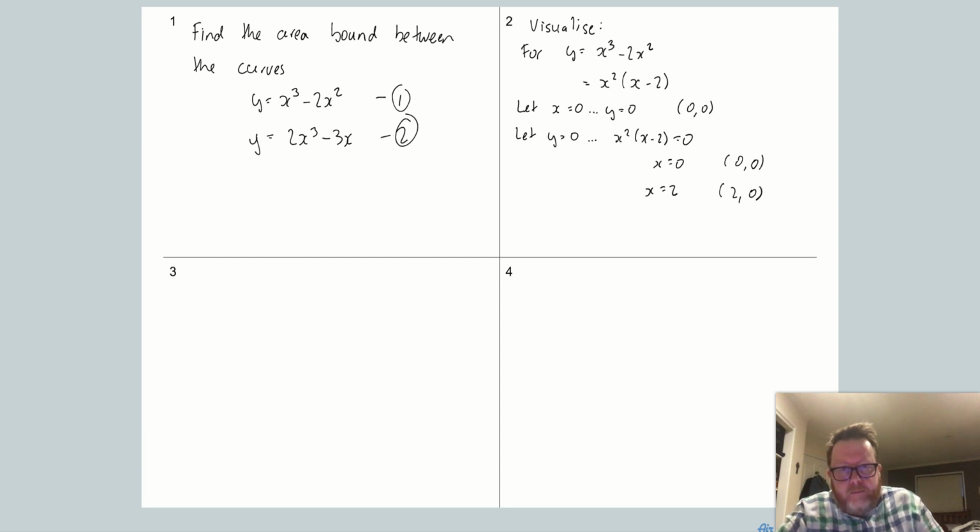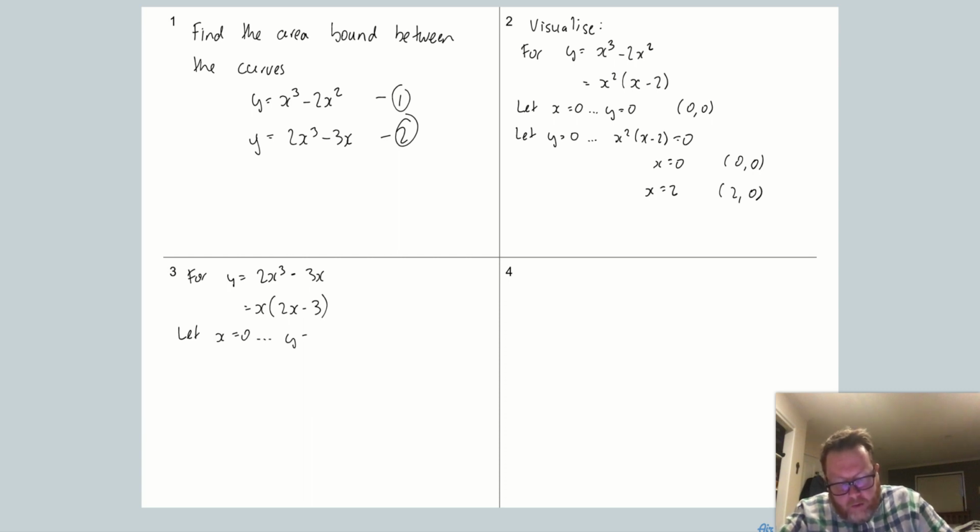The other one, so for y equals 2x cubed minus 3x, let's do the same sort of thing. There's a common factor of x there. So we've got x times 2x minus 3. But that's okay. So let x equal 0.